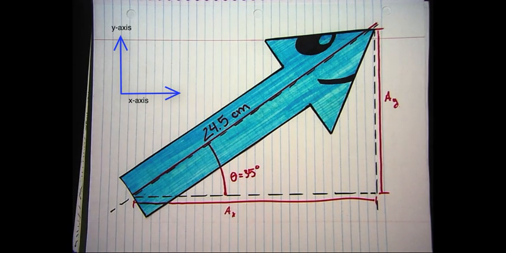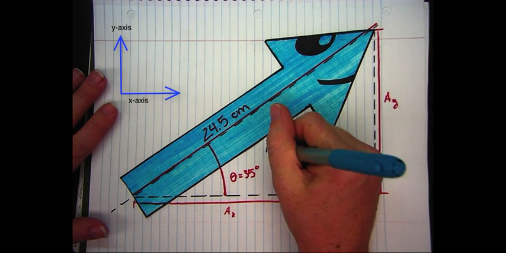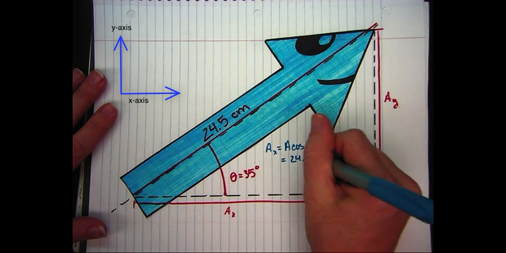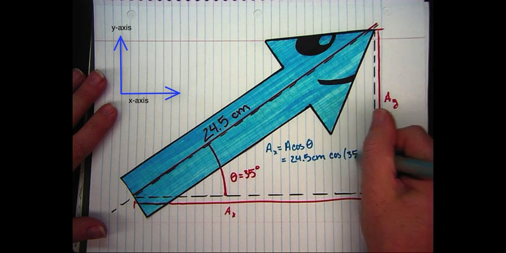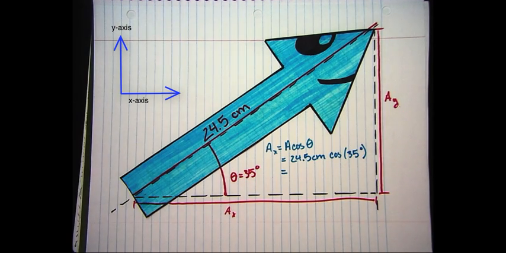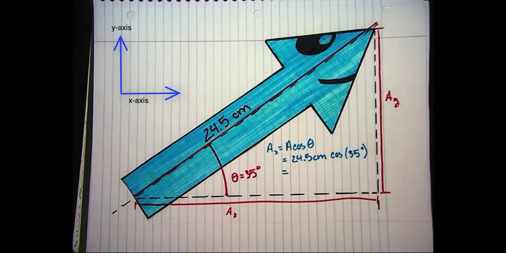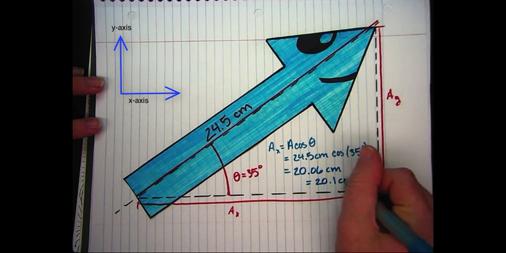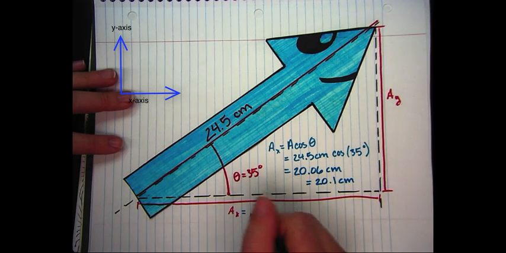Then you're going to plug and chug. So solve for Ax first. Ax is going to equal A cosine theta, and we're going to plug in 24.5 centimeters cosine 35 degrees. Then we get 20.06 centimeters. Taking into account significant figures, 20.1 centimeters.